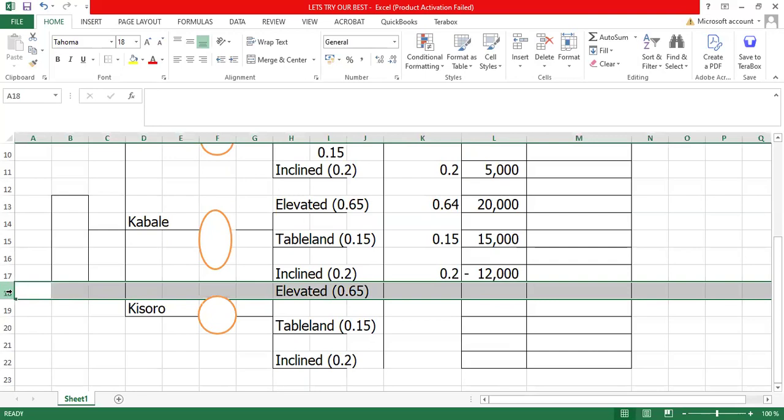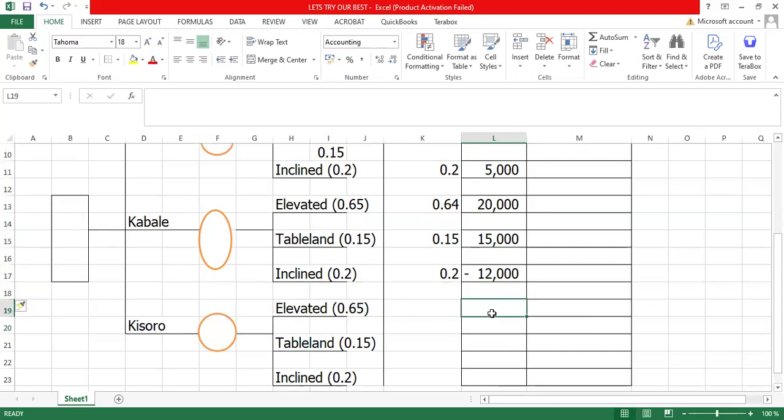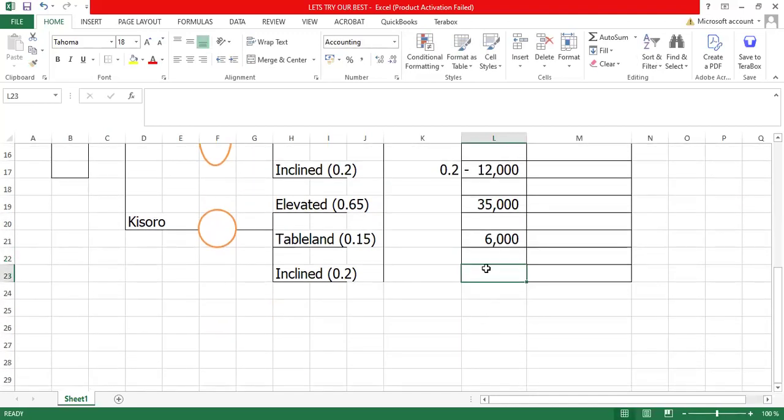Then Kisoro: 35,000. Then next 6,000, then negative. The upper one is 60.